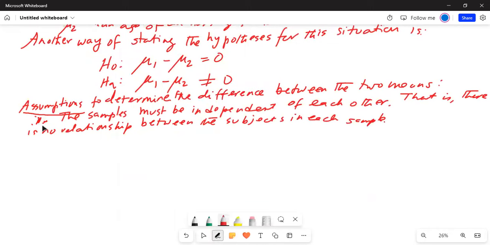Okay, create some space. The second assumption, number 2, is that the standard deviations of both populations must be known.